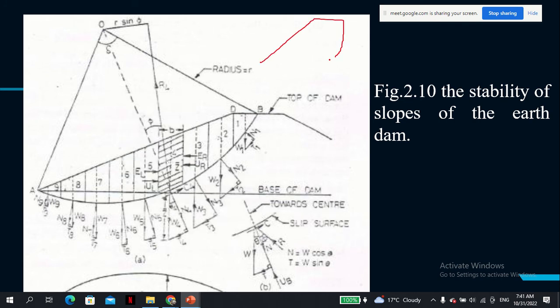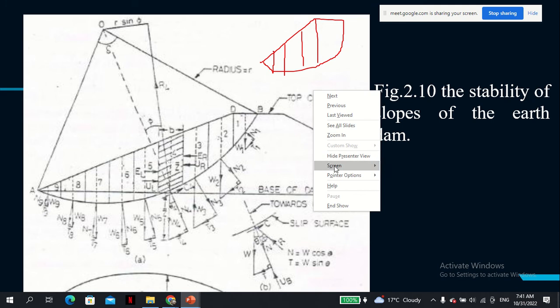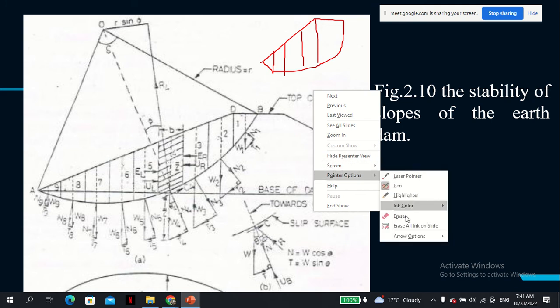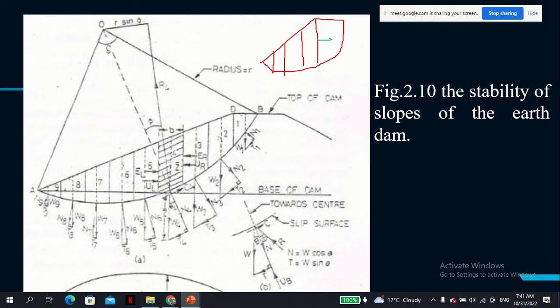This is your slope, and then you've divided them into several slices like this. Now the issue is, in actuality or in reality, there are some forces here that we ignore on the sides of these slices, because you can see here we are only talking about the self weight, and then based on this angle we resolve, for example, N, and then these components.